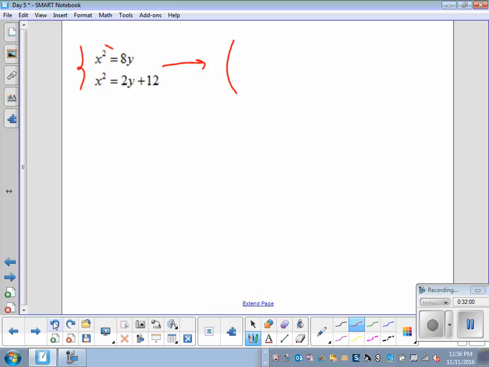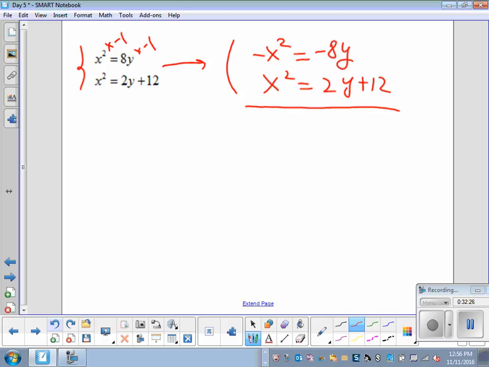So -1, -1. I have minus x squared equals -8y, and then the second one stays as is: x squared equals 2y plus 12. Now I have two equations, and for x squared I have the opposite coefficient, -1 and 1. So if I add these two together, minus x squared plus x squared will go away.